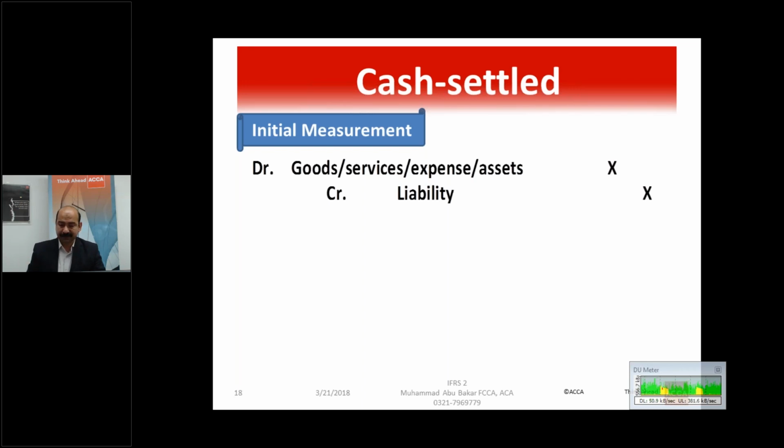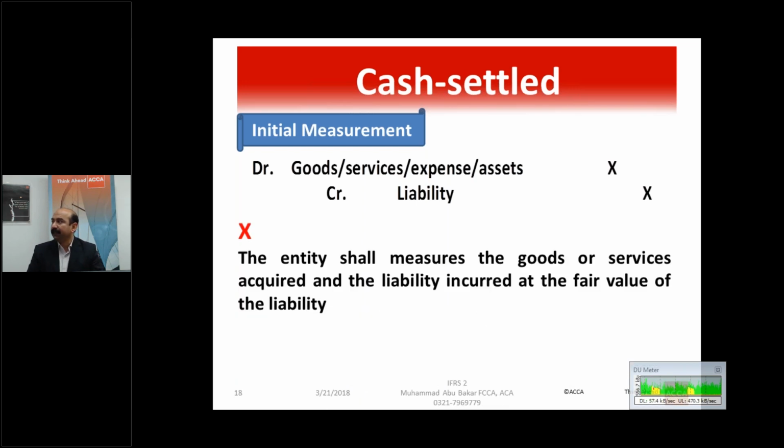Now the next question is, how can we determine the value of the X? This will be determined. The entity shall measure the goods or services acquired and the liability incurred at the fair value of the liability.